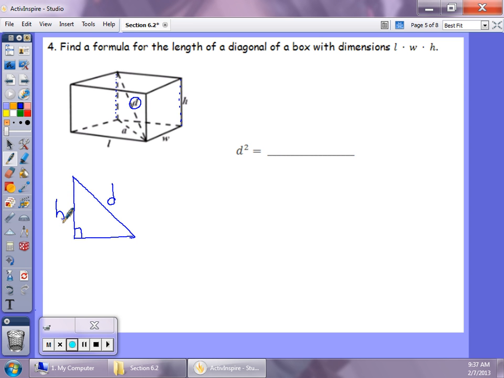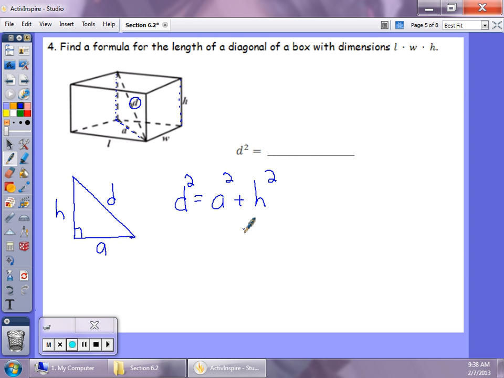And if you look at this line here, they've called that A. So if we want to find the length of D, we're going to use the Pythagorean theorem. So we know that D squared is going to equal A squared plus H squared.